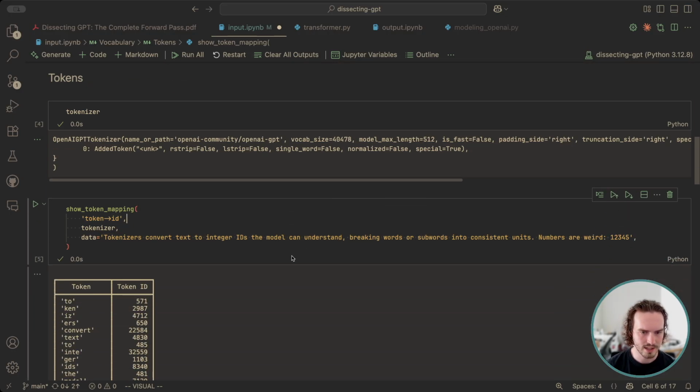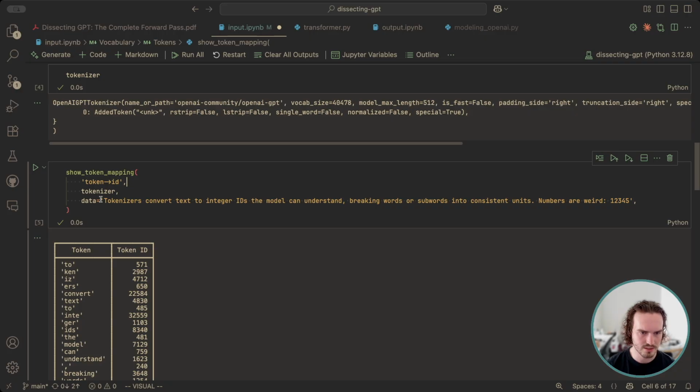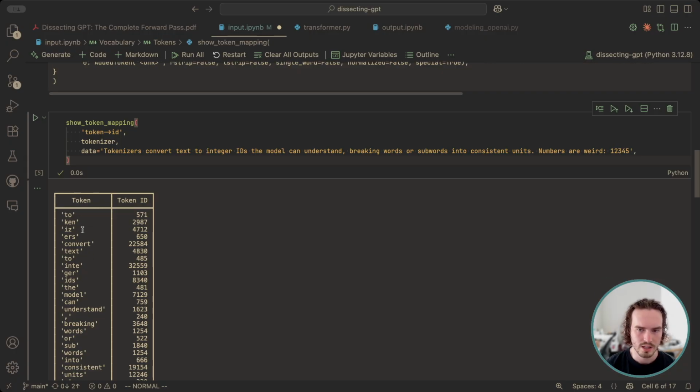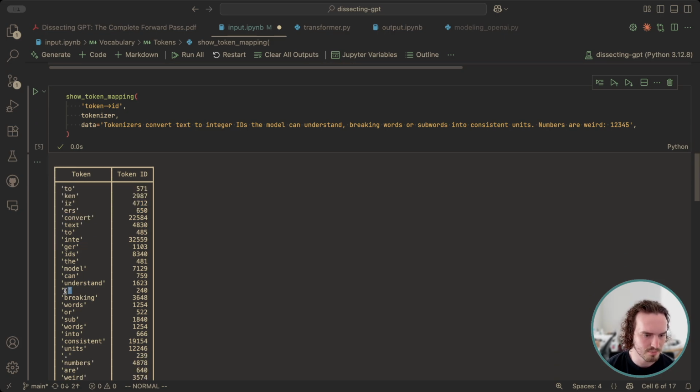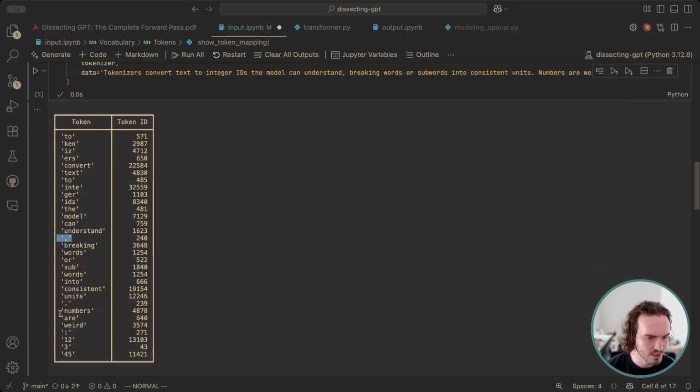So running that, we can see, as I've noted, tokenizers convert text to integer IDs. And so words are broken into subwords, and sometimes they're the full word. Sometimes they are pieces of punctuation like that. Numbers are weird.